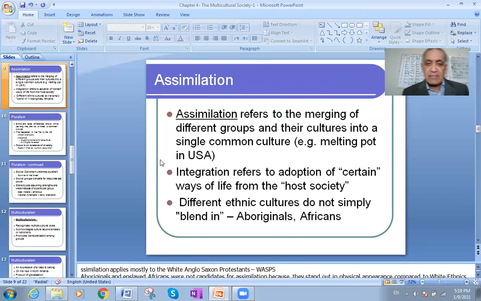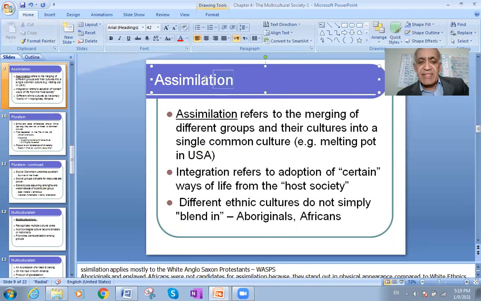However, what is assimilation? When we talk about culture, we have to talk about assimilation. Assimilation refers to the merging of different groups, all coming together, and their cultures into a single common culture.